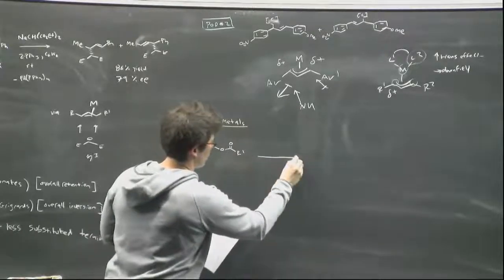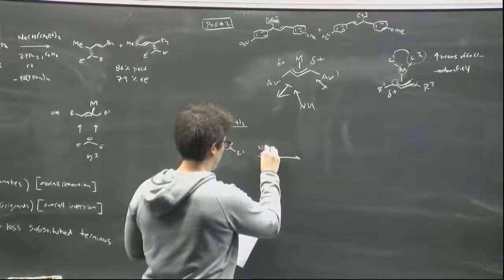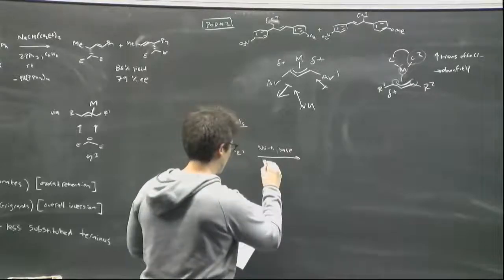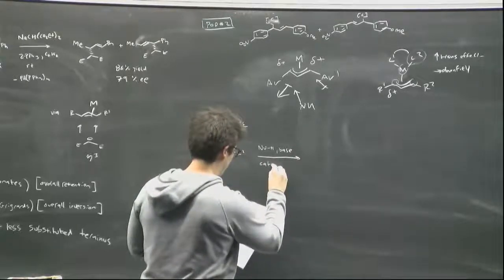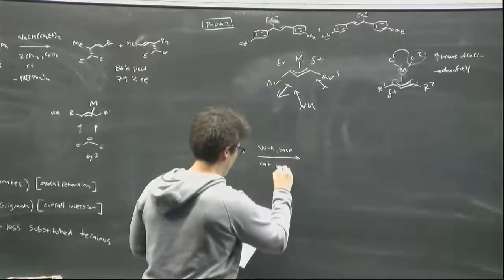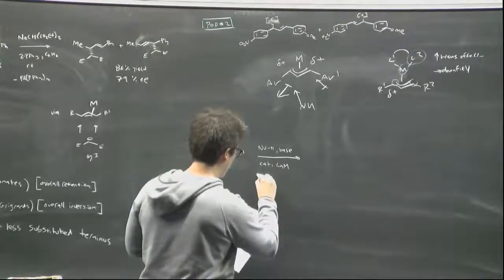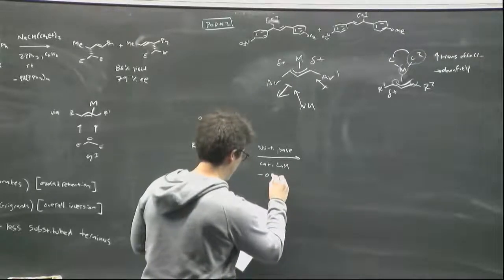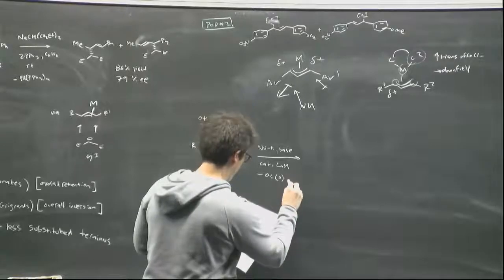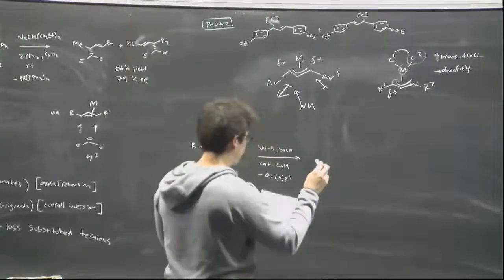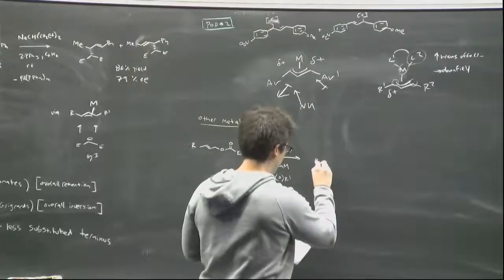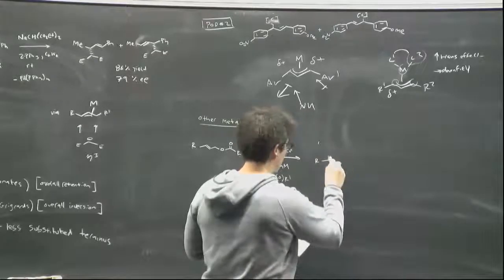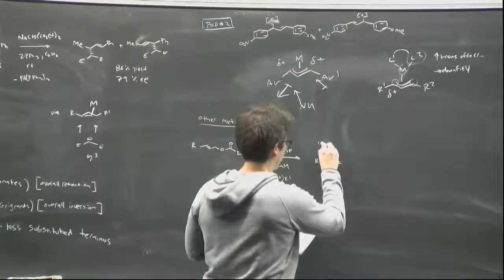Historically, most of the work in allylic substitution has been done with palladium, but particularly in the last 20 or 30 years, there's been extensive work done with other metals. Probably outside of palladium, the two that have been most popularly studied are iridium and copper. So let me now just paint a picture about the general reactivity and selectivity trends with these other metals.